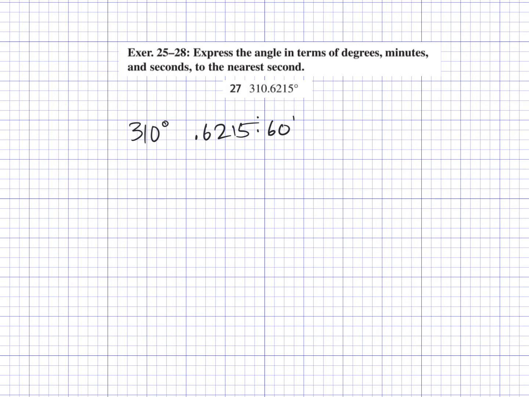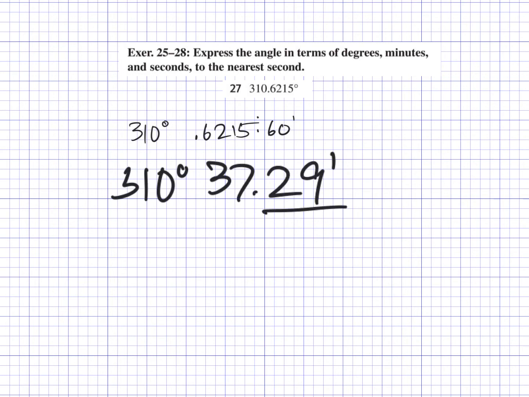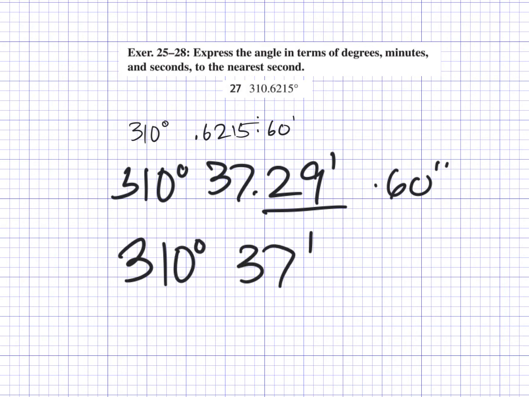So 0.6215 times 60 is equal to 37.29 minutes. I'll take the 0.29 times 60 for seconds, and that'll give us 310 degrees, 37 minutes, and 17.4 seconds.